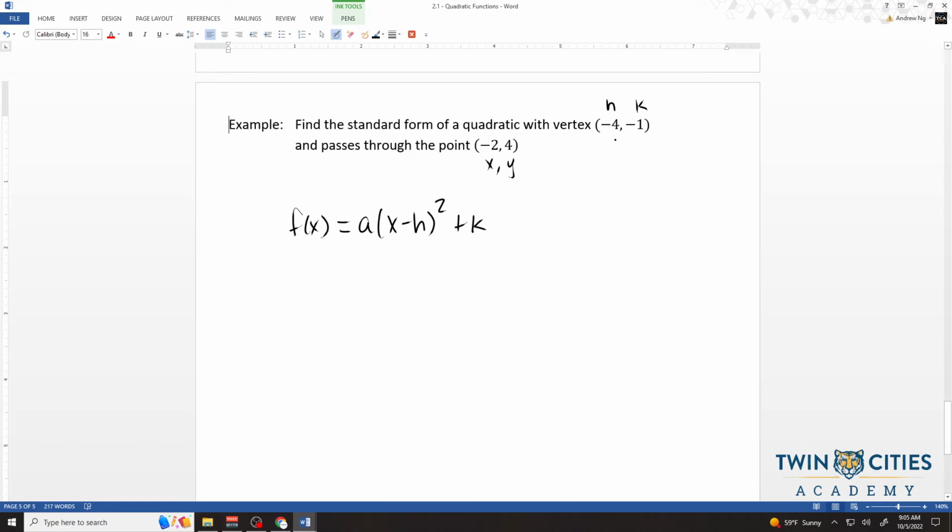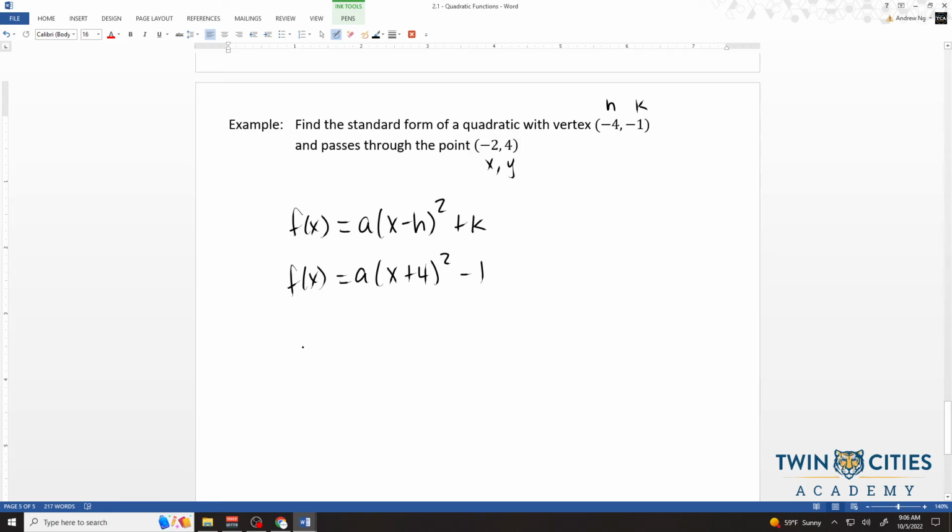Well, if I know that h is -4 and k is -1, then I can plug those here and say f of x equals a times x minus -4, so this will be plus 4 squared, and then plus k, k is -1, so minus 1 here. And if I know that it passes through this point, -2, 4, then I can also plug those in.